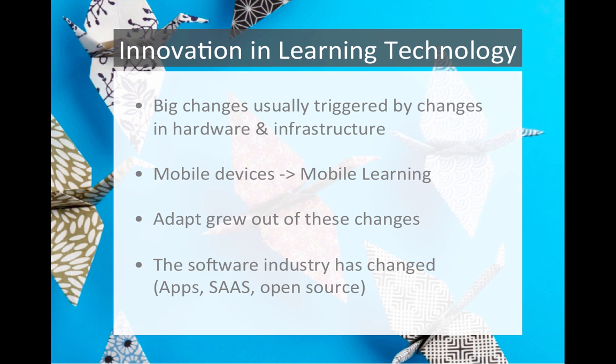Adapt grew out of these changes at City and Guilds Kineo as an internal framework. It's worth noting also that the software industry has changed. I no longer pay £50 to £80 for software packages off the shelf, but rather I buy apps cheaply, so £1 to £3 gets you some amazing software. There has also been a move to software as a service, and open source has become much better understood, accepted and sought after.